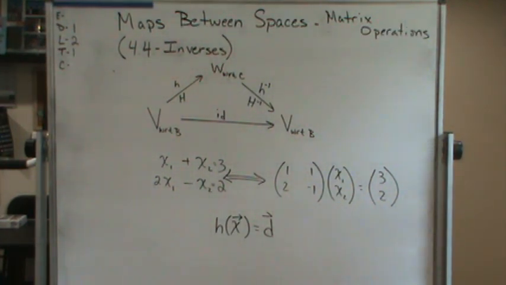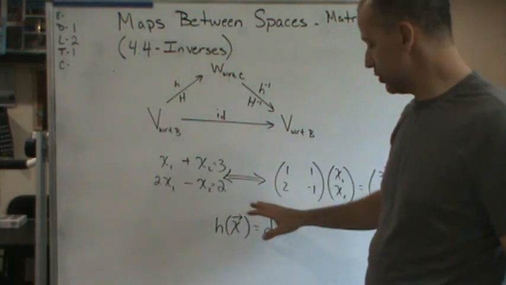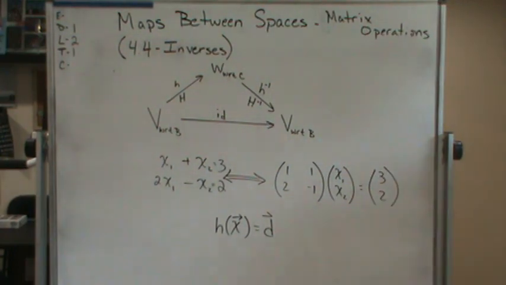Now, also, beyond its place in our program of seeing how to represent map operations, another reason for our interest in inverses comes from linear systems. So again, a linear system is equivalent to a matrix equation, as you can see here.